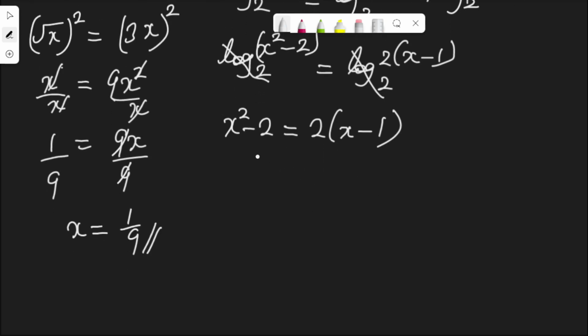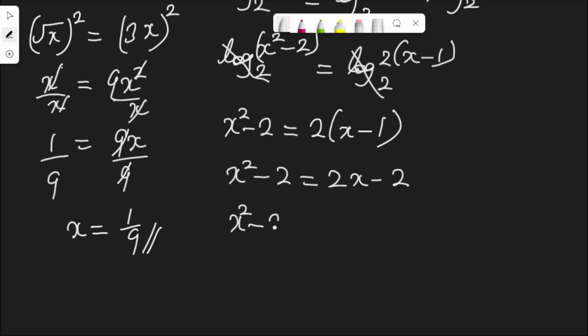We open this bracket, we have x squared minus 2 equal to 2x minus 2. That is 2 times x is 2x and 2 times negative 1 is negative 2. Collecting like terms, I'm trying to make this a quadratic equation, so I'm moving everything to this side.